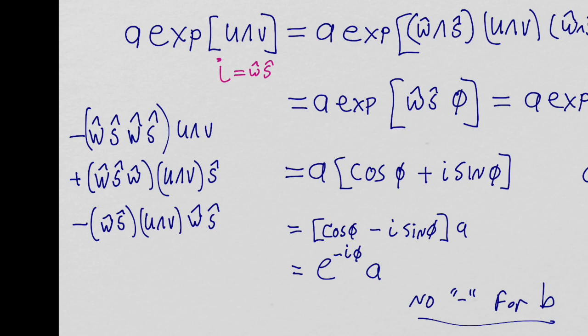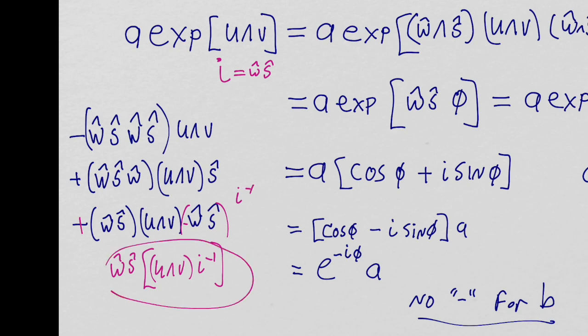And so what I end up with is WS, u wedge v, with this minus sign. If I take that minus sign and apply it over here, I end up with W hat, S hat, and then u wedge v, I inverse, right? Because I have minus WS over here now. So that's I inverse. This structure is what I now have in the exponent.